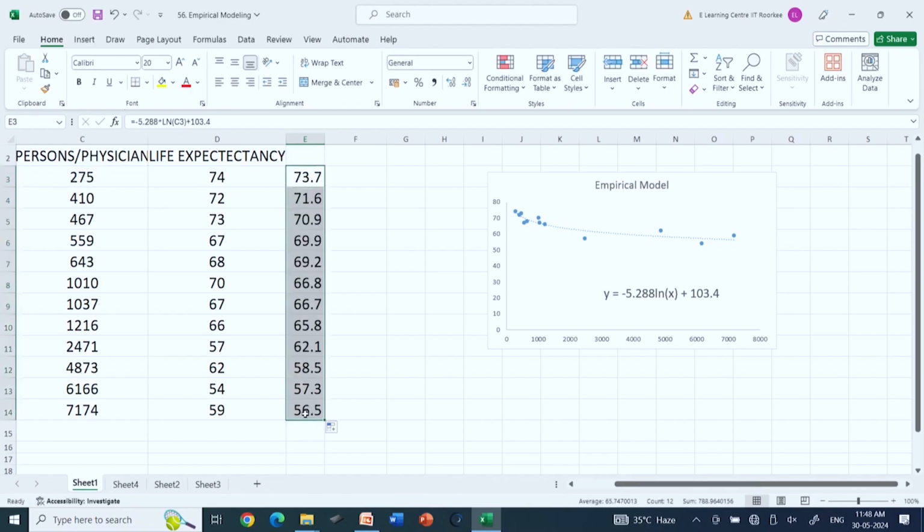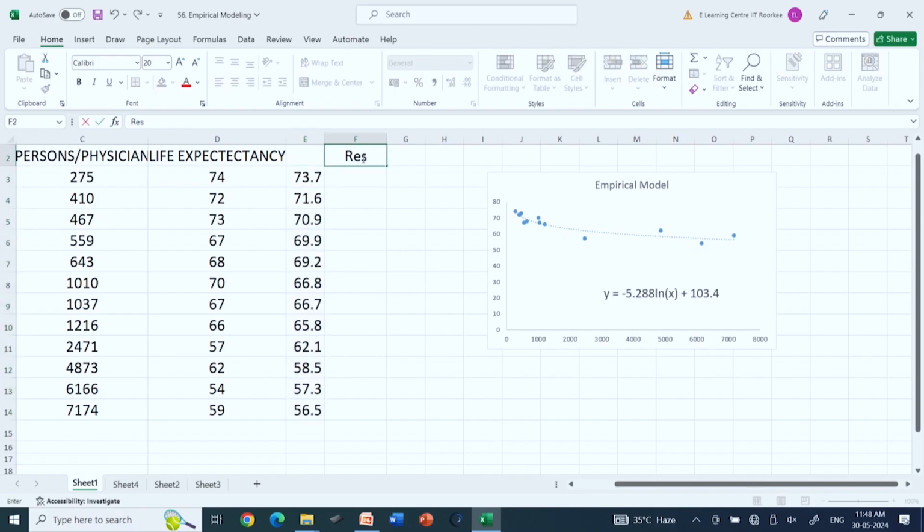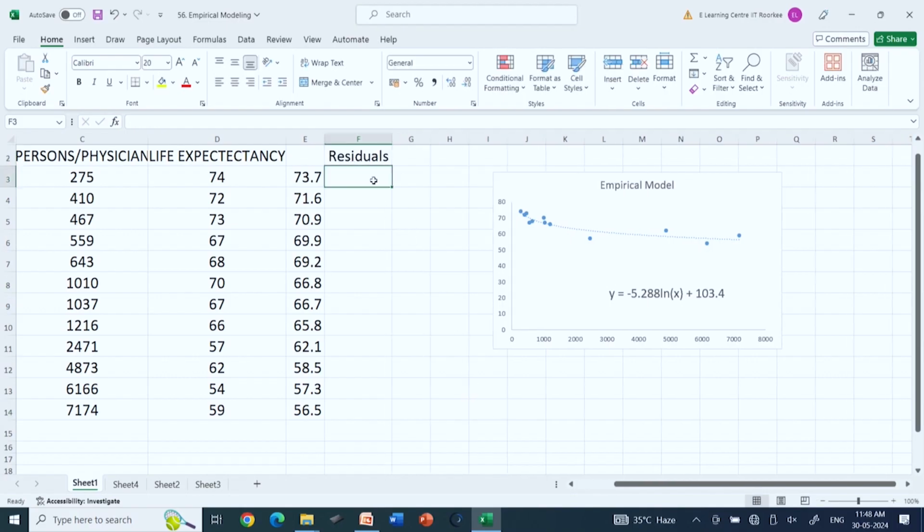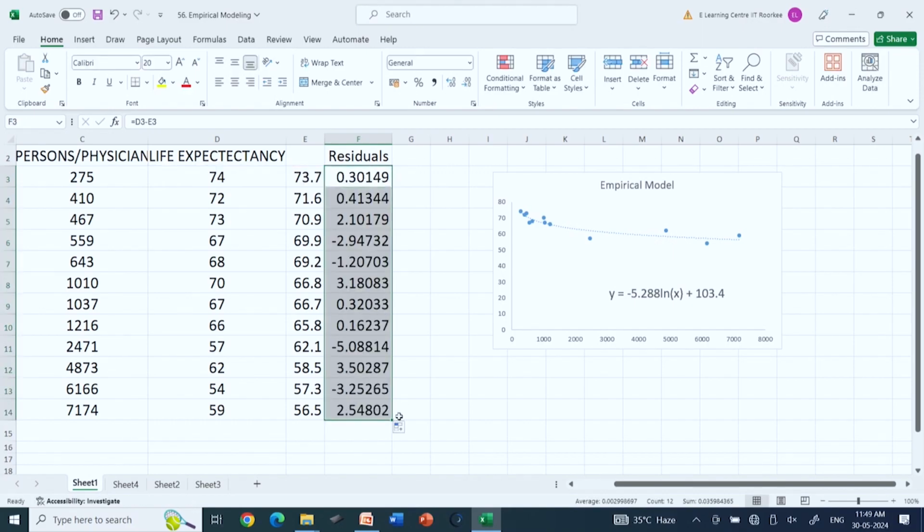I calculate this, and then come the residuals. The residuals will be the difference between the data and the one which you got from the trend line. So, this is the difference, and you drag and calculate the values.